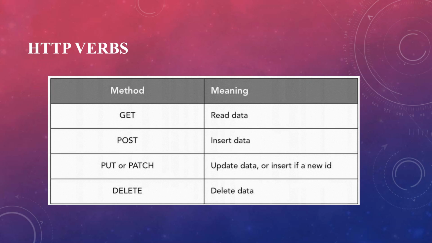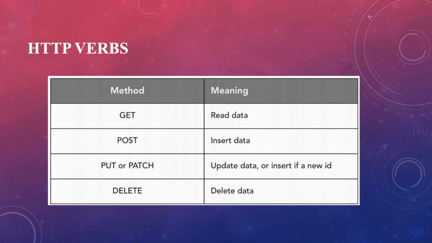What GET does is, if the server receives an HTTP GET, it reads the data and sends back the data in the response. POST is used to insert or create data at the server side, and we have PUT and PATCH to update the data at the server side. The difference is, PUT is used to update the complete data.